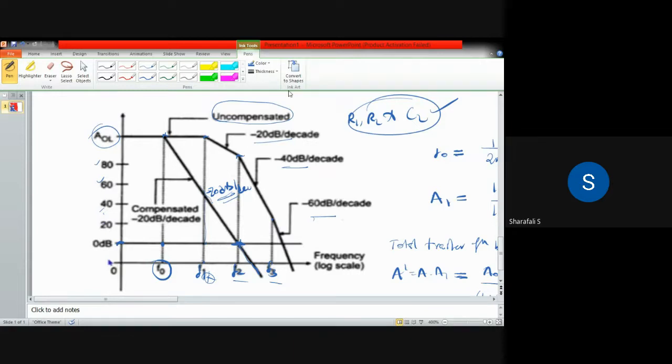After 0 dB, the gain will be less than 1, because gain is 1 at this value. So we need a smooth variation up to gain equal to 1, which is 0 dB in terms of dB.